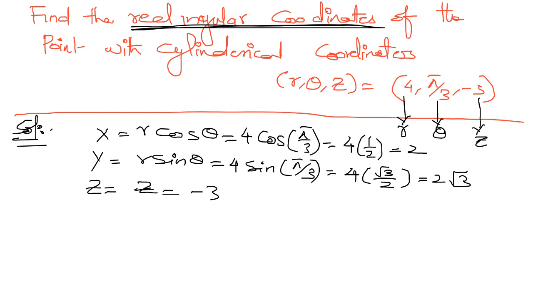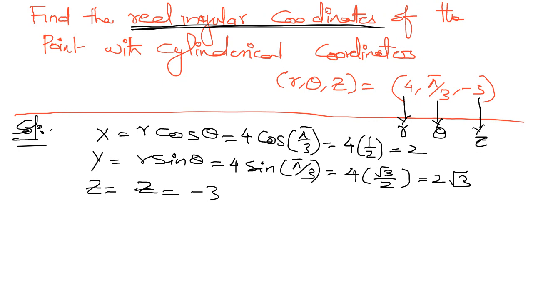Doctor, in the exam you write the point with cylindrical r, theta and z? Do you give r, theta, z or just the point? No, I will just give the point. In the exam, I will not write that this is r, theta.